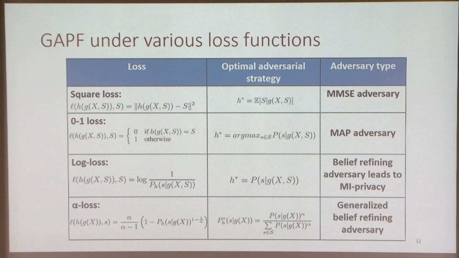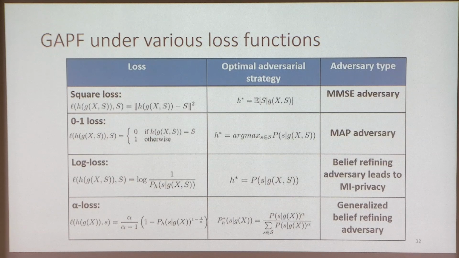Now, to tackle the first question, it turns out that depending on how I choose this little loss function, I can do something like squared loss, or I can do 0-1 loss or log loss, etc. I can even use the alpha losses that Lalita talked about earlier today. We kind of recover an array of attacks and adversarial models that are extensively studied in the information theory and statistics communities.